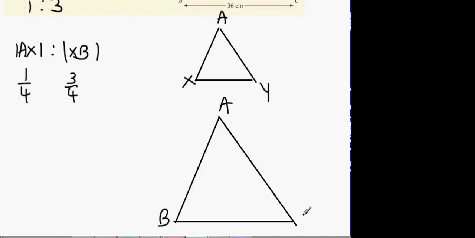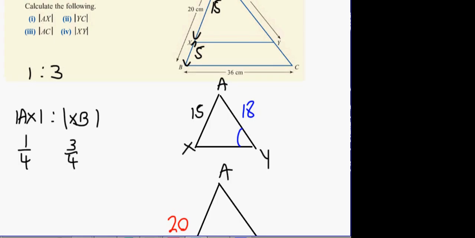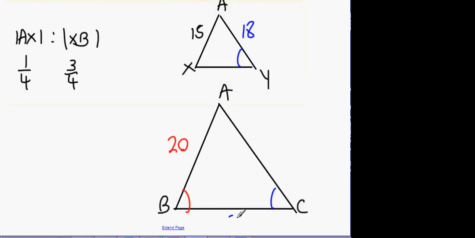What's the length of A to B? 20. From A to X? 15. Do we know AY? 18. Do we know AC? No. We will know it, but we don't know it yet. And the other one is 36.